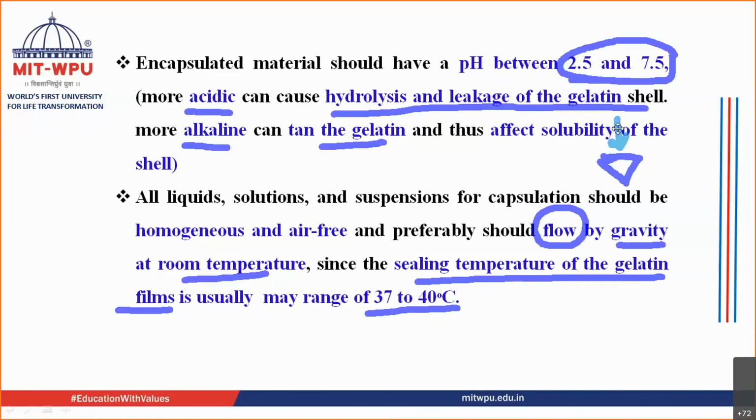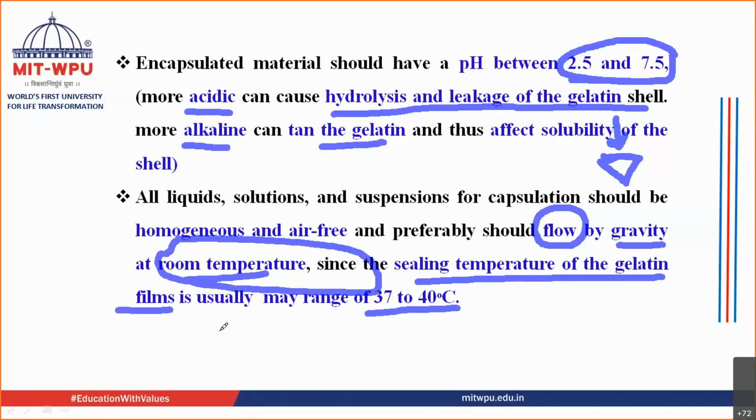If the liquid that you are filling is of high temperature, then it is not going to allow proper sealing of the capsule, and the capsule may break open. Hence, the material that you are packing should be flowable at room temperature. That is another requirement of the encapsulated material.